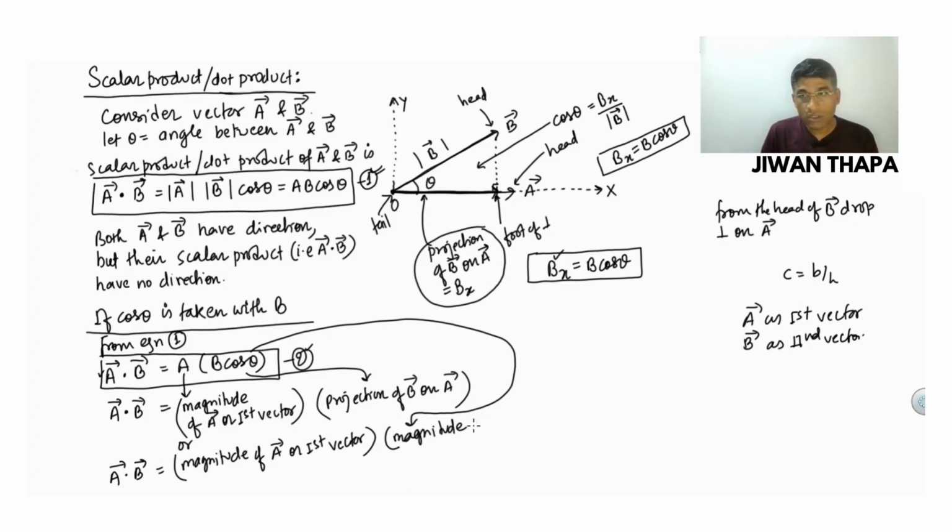So the magnitude of the component of vector b in the direction of vector a. So we have this.